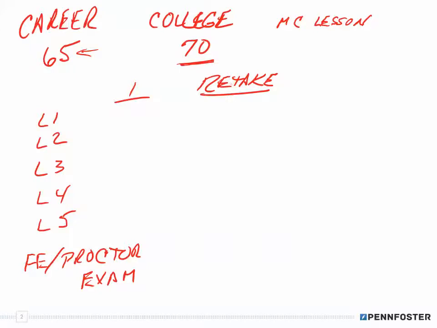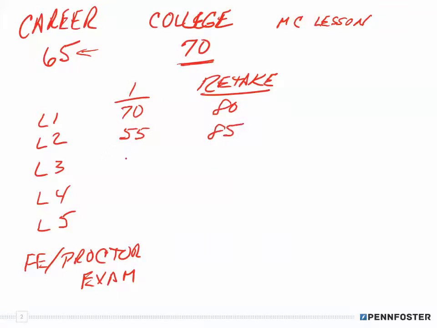So what does that mean? Well, let's figure out how to calculate your grade. Let's say you take an exam and you get a 70, and then you retake it and you get an 80. And let's say you take it and you get a 55, and you retake it and you get an 85.